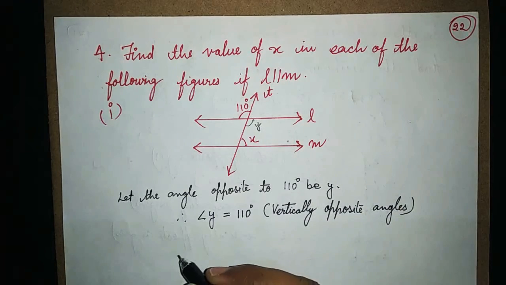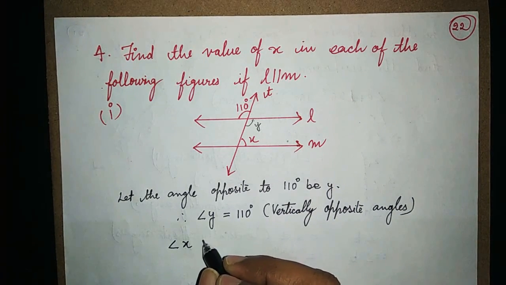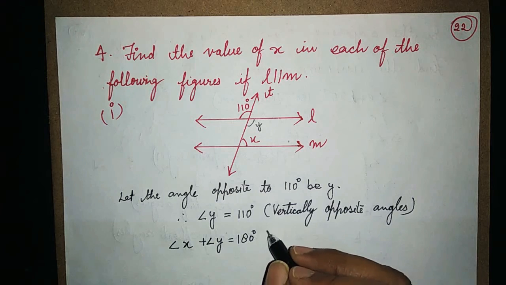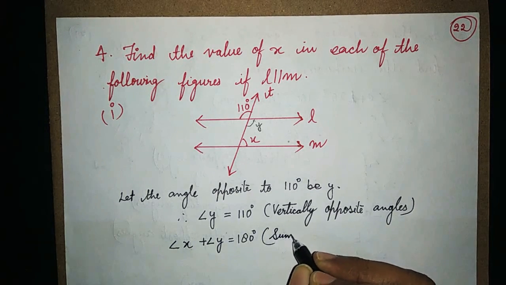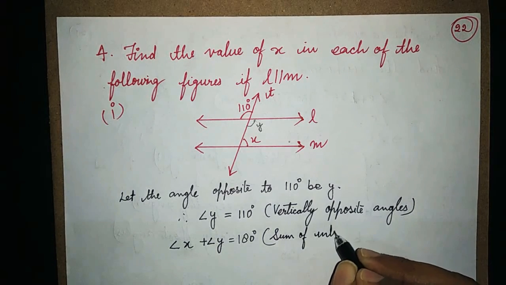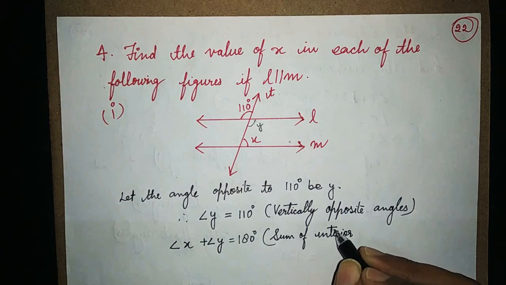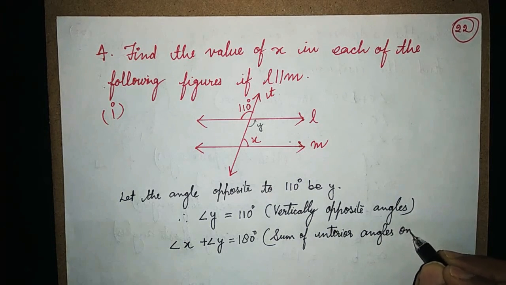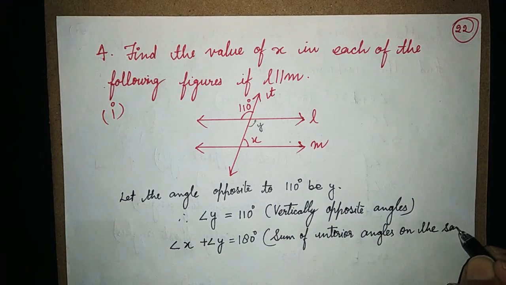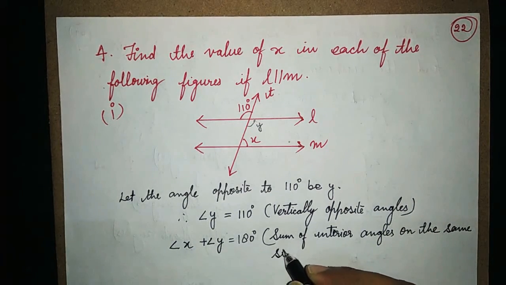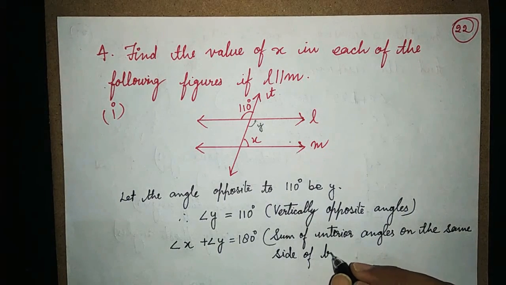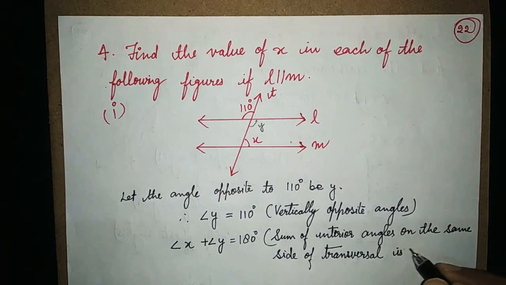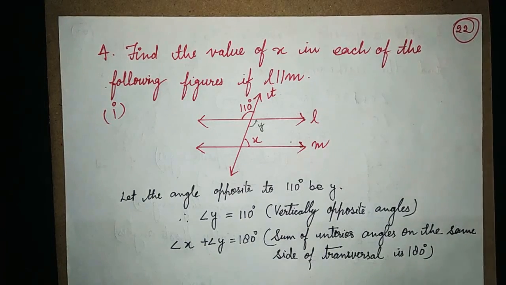So here we will write angle X plus angle Y is equals to 180 degree, and here we will mention sum of interior angles on the same side of transversal is 180 degree.